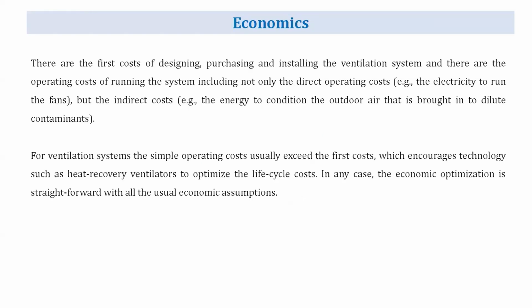If we talk about the economics, obviously the capital cost is the very first cost: designing, purchasing, and installing the ventilation system. This is the direct cost, and then you have the indirect cost in terms of energy.